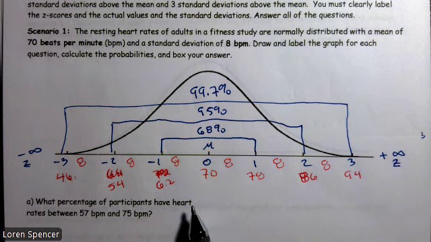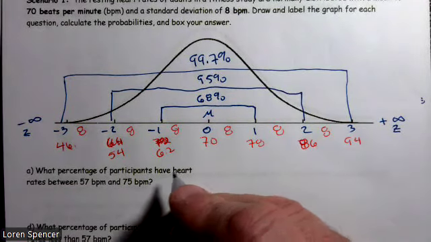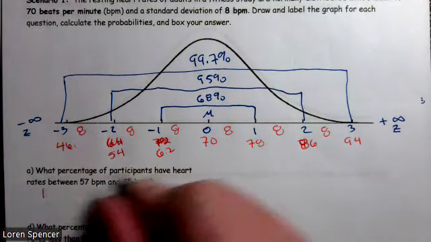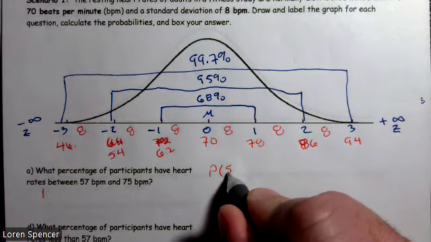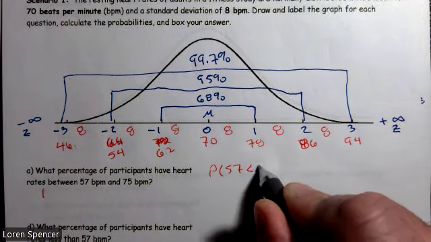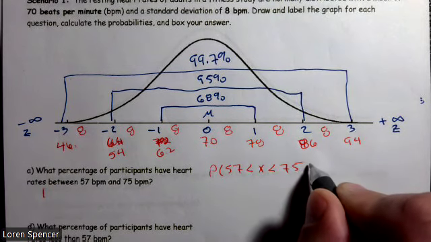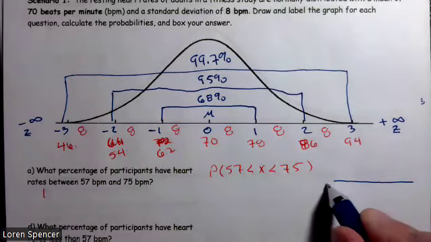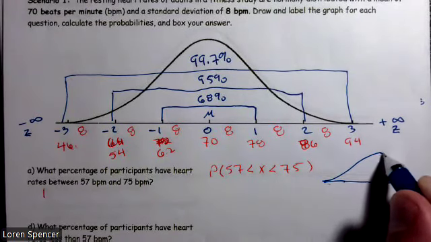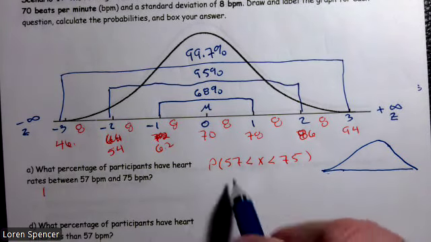So it says what percentage of participants have heart rates between 57 and 75 beats per minute? So what we're looking for here is the probability that 57 is less than X is less than 75. So that's what we're looking for on this question. So if I'm drawing a picture of it, which you all need to do, do so much better every time you do it.